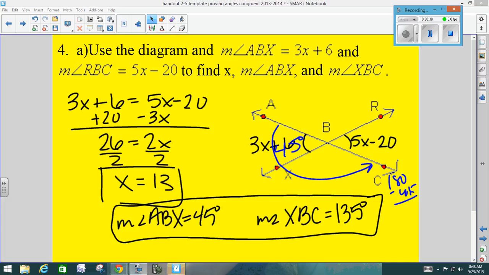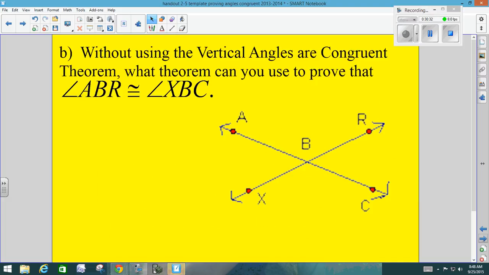Okay. B. Without using the vertical angles theorem, which says vertical angles are congruent, what other theorem can you use to prove that angle ABR, the top one, is congruent to angle XBC, the bottom one? Whoa, Jimmy. Good. ABR, supplementary to RBC, yes or no? Yeah.